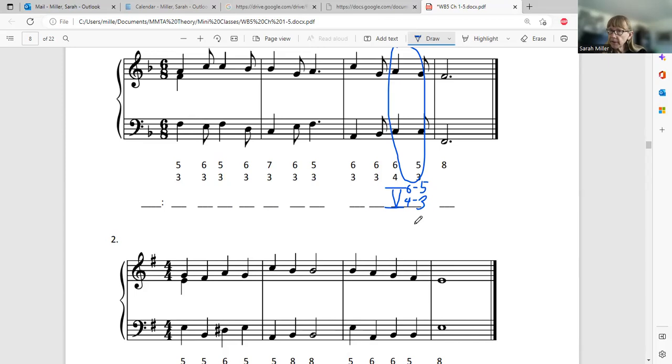And the thing that often confuses people about this is that they see the 6/4 and they think, oh, it must be the 5 chord in second inversion. But what this is indicating is that the first chord, the 6/4 chord, is the cadential 6/4 chord. And some of you may prefer to write cadential 6/4.